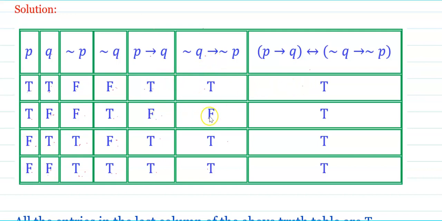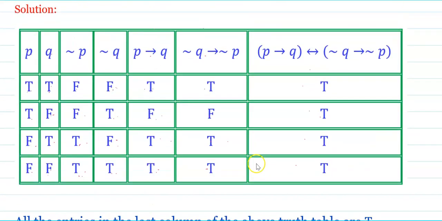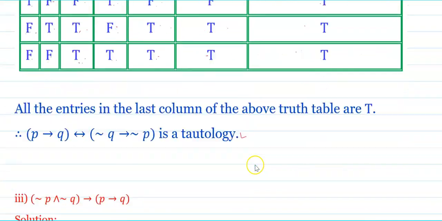F double implication F. It is again the same. Therefore it is true. Same. It is true for the double implication. And all the entries in the last column are true. And therefore the given statement pattern is a tautology. You can see again. Okay.